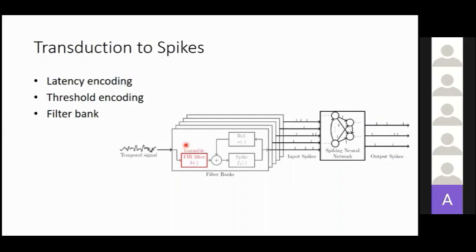We could have more bio-inspired models that use a bunch of filter banks, and currently with newer techniques we are able to learn this filter bank response end to end. Basically, your temporal signal comes in, you pass it through different filter banks along the way, and you just apply your spike activation loop. So that's this feedback loop, and that's how you get your input spikes encoded from a real signal.